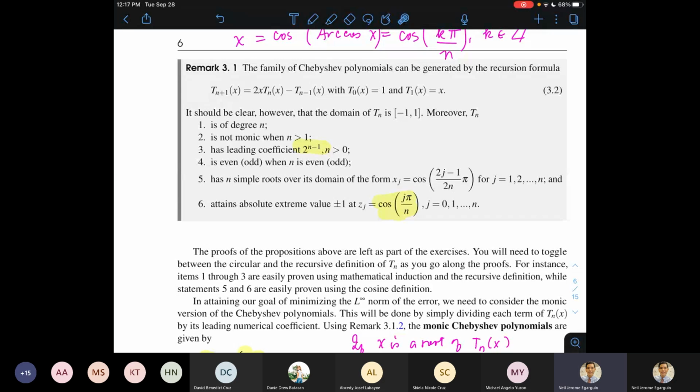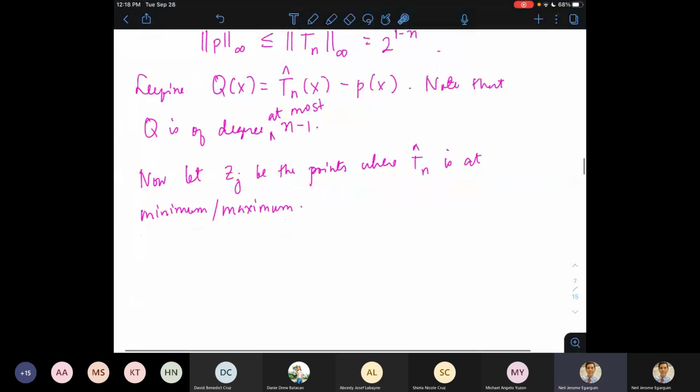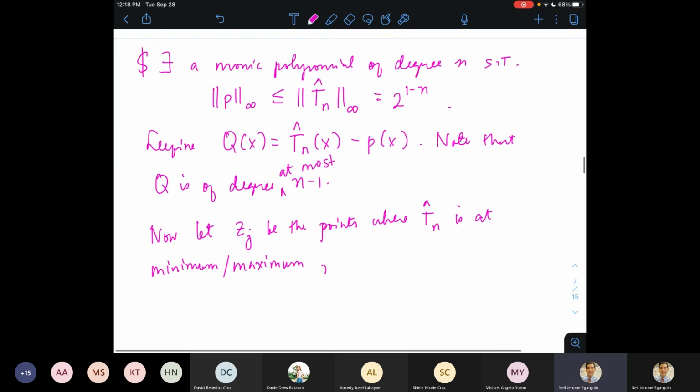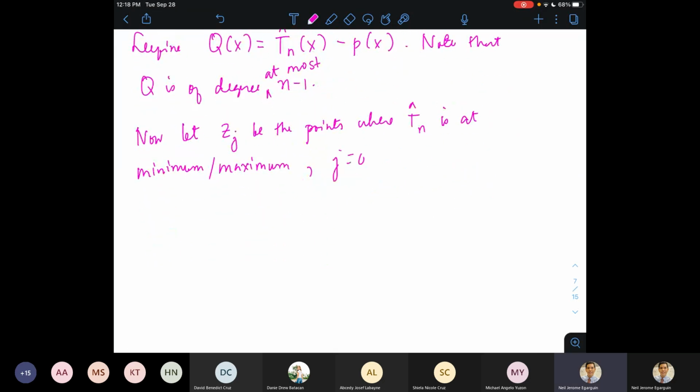Okay? So pagka degree n yung Chebyshev polynomial, it will attain the maximum and its minimum value at plus or minus 1 on n plus 1 points. Okay. So here, maximum, minimum. So note ko lang here, j goes from 0 to n.